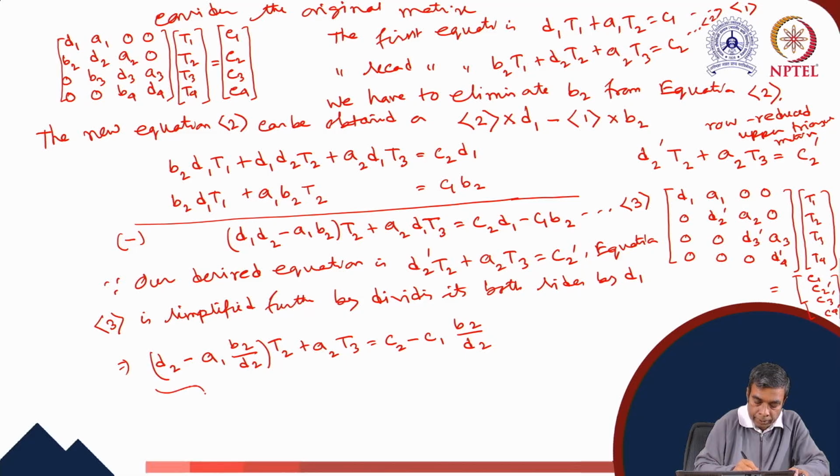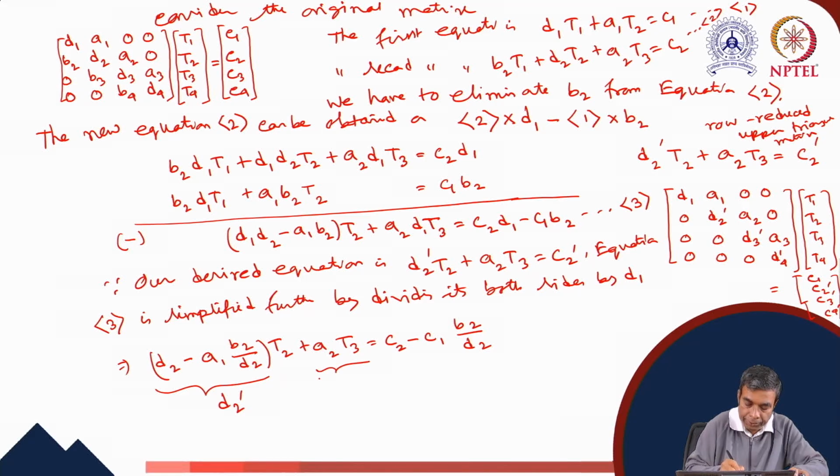So the first coefficient of t2 is equivalent to d2 dash. We got the desired form a2 t3, the desired term is matching. On the right hand side we are getting c2 dash.